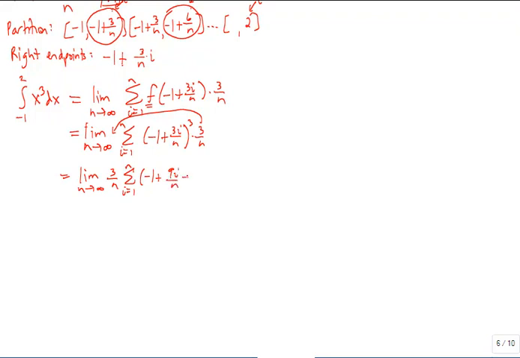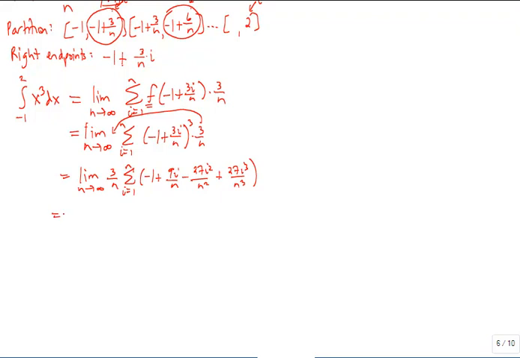Then you're going to get a -3 times -1 times 3i over n quantity squared. So that's going to be 27i squared over n squared. And then we're going to get a 3i over n quantity cubed, which is 27i cubed over n cubed. So if you don't trust me on that, you can go ahead and cube this all out. But this is what you would end up with.